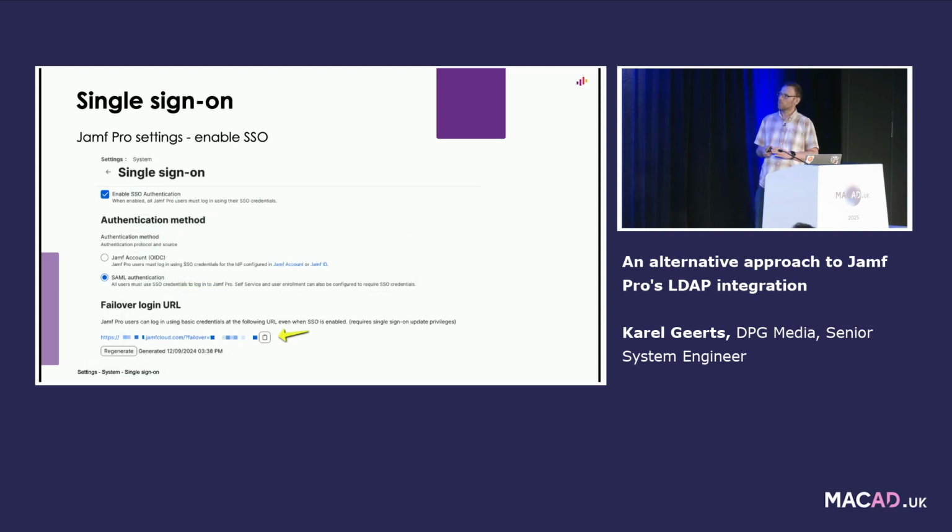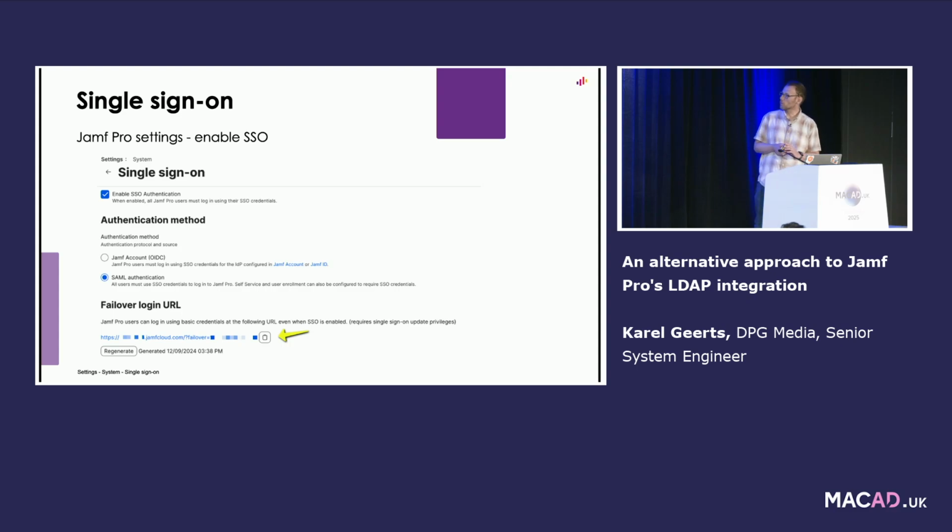Then, when you go over to Jamf, you go to Settings, System, Single Sign-On. You can enable single sign-on and use SAML authentication. You can see in there also a Jamf account. That is something fairly new that we are testing as we speak.